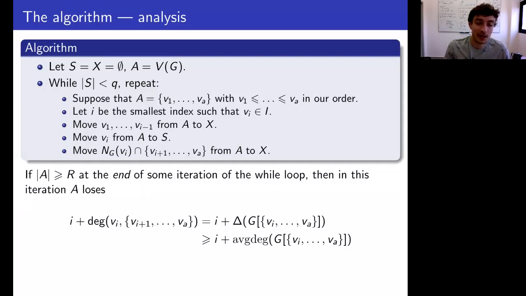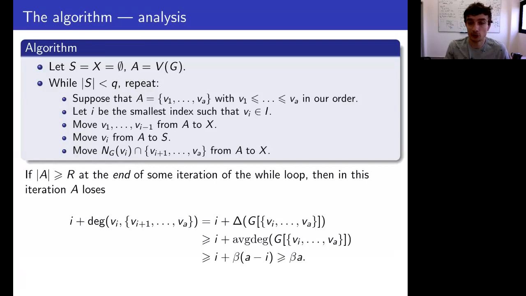We know that the set Vi up to Va has at least R elements. This was our assumption. And therefore, it induces in G, by the assumption of the lemma, a subgraph of density at least beta. If I have a subgraph of density at least beta, it's equivalent to saying that the average degree is at least beta times the number of vertices of the graph minus 1. And therefore, this average degree is at least beta times A minus i.